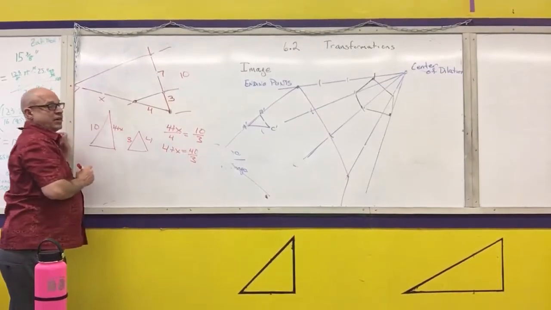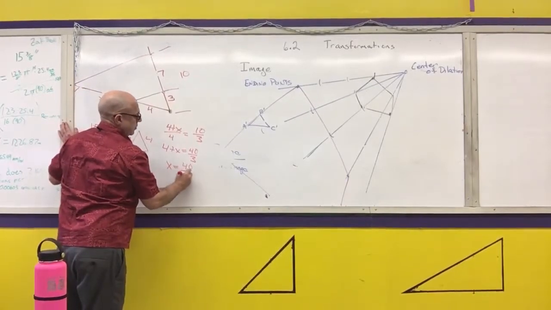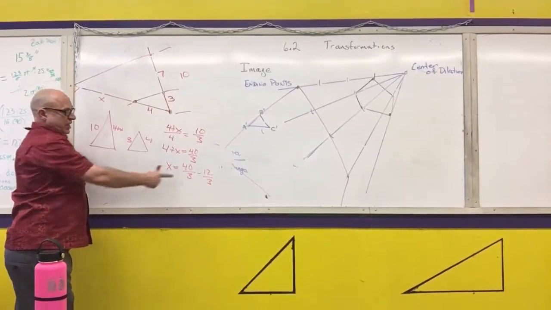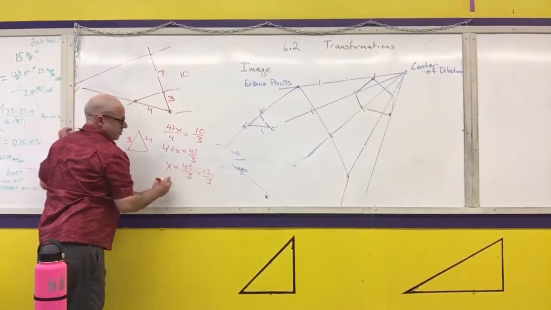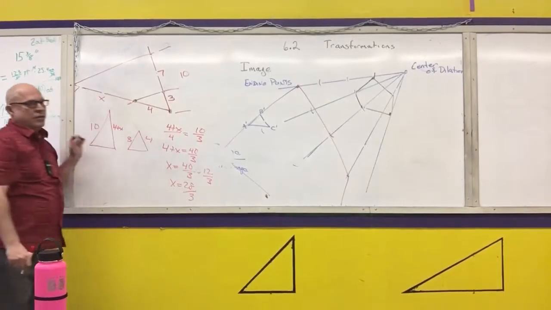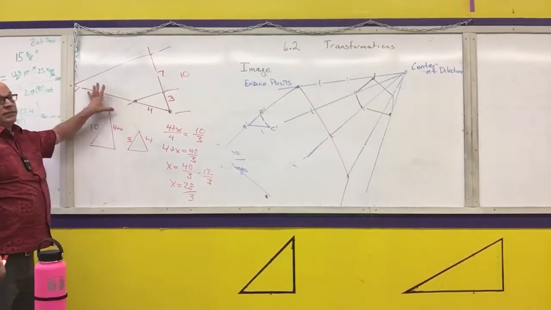Next step is to subtract 4 from both sides. 40 minus 12 because that's 4, is 28, which is 9 1/3 for those of you that don't do fractions. So that's how big x is.